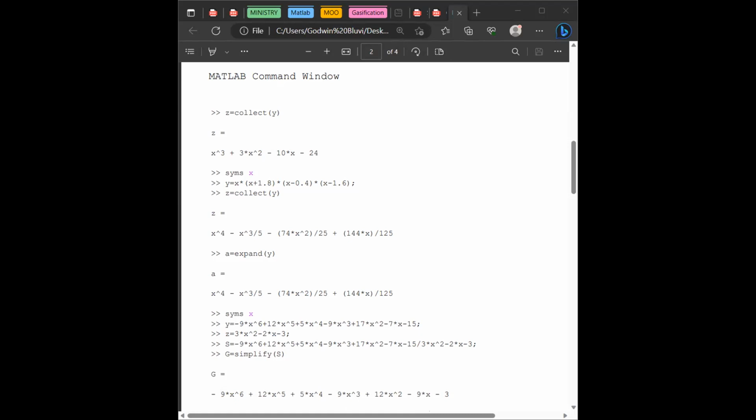Unless we put syms X, when syms X comes into play, then A is equal to x squared plus 2 times x plus 2. Then in that case, it works out. So it's because I didn't clear my workspace. Okay, thank you very much.